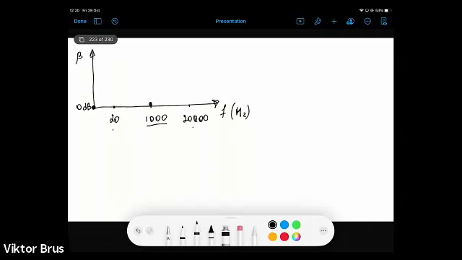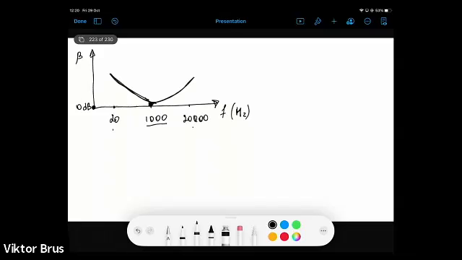At this point, 0 decibel is what we can barely detect. However, that is true only for 1000 hertz or 1 kilohertz. If we go to other frequencies, we will see something like this. It goes to this and increases further. So it has this minimum around 1 kilohertz.